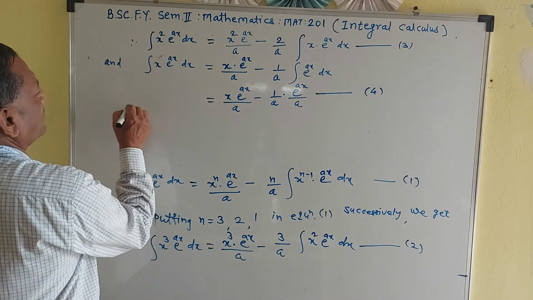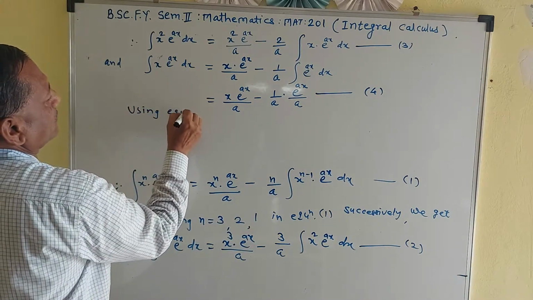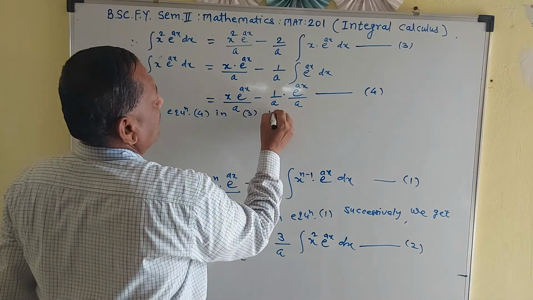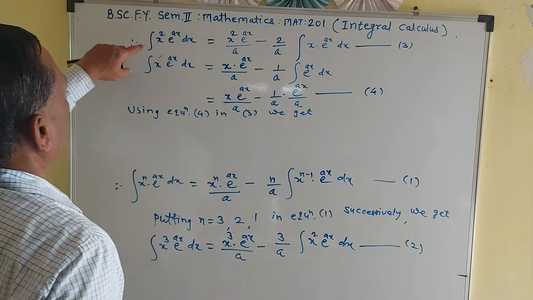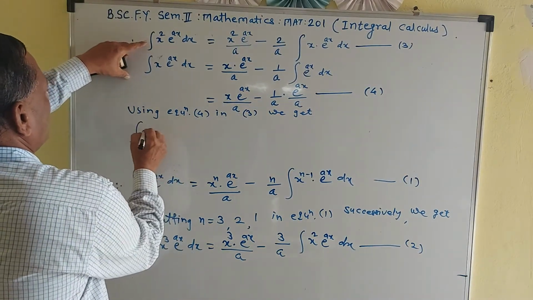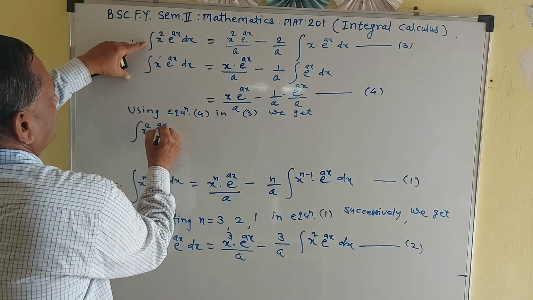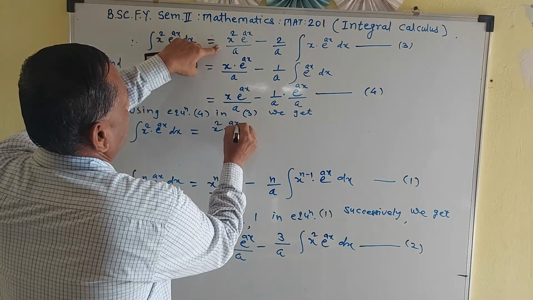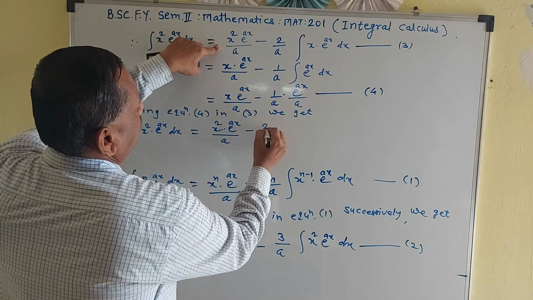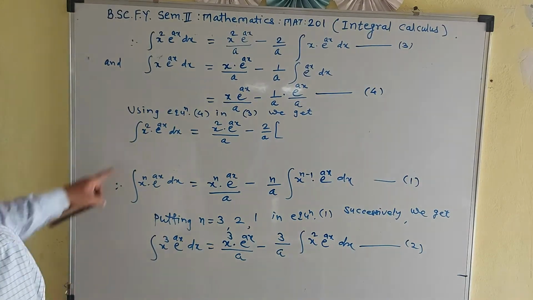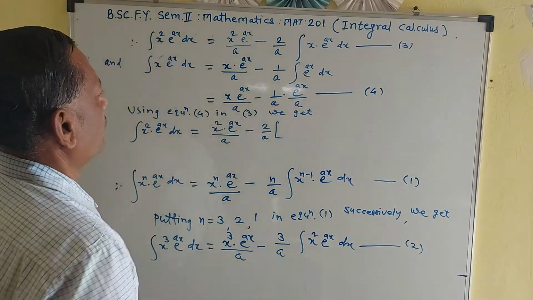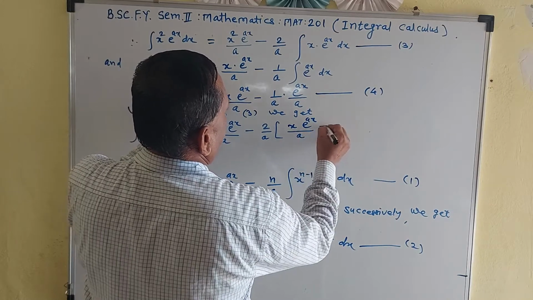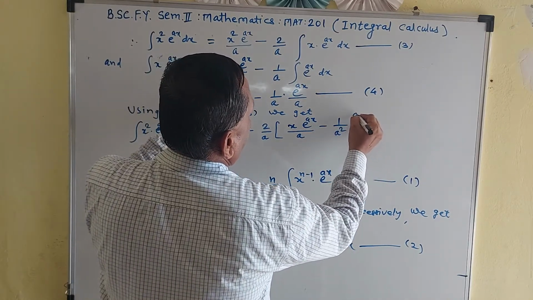Using equation 4 in 3, we get the integration of x² e^(ax) dx equal to x² e^(ax)/a minus (2/a) in brackets, times the integration of x e^(ax), which is equation 4: x e^(ax)/a minus (1/a²) e^(ax).